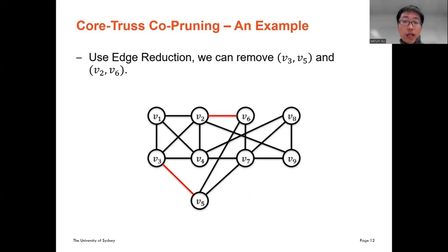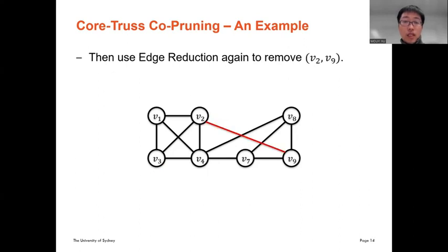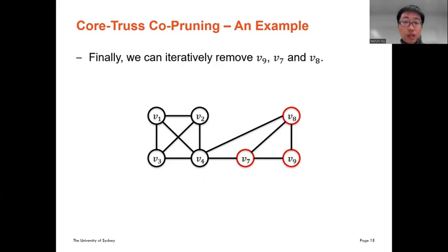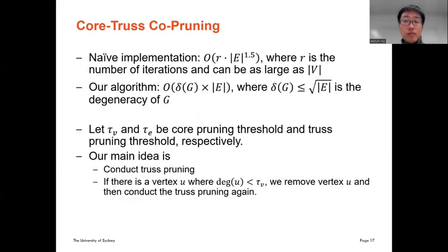Then we can remove the edges V3-V5 and V2-V6 because they participate in no triangle. After removing these 2 edges, you can see vertices V5 and V6 have degree only equal to 2, and we can remove them based on the vertex reduction. Then we can remove the edge V2-V9. And finally, we can iteratively remove V9, V7, and V8. The remaining graph will be the reduced subgraph.